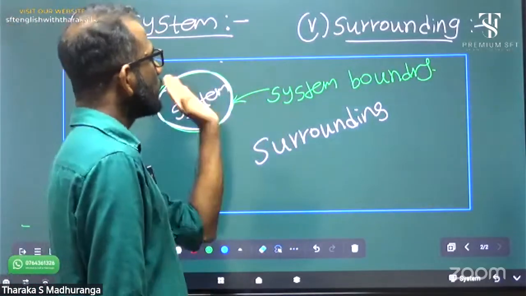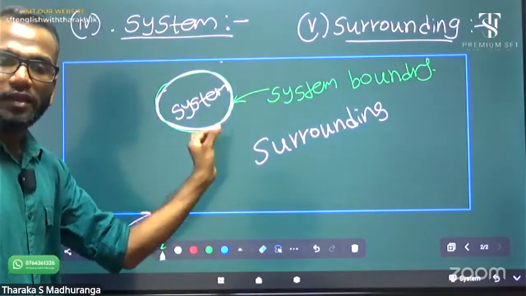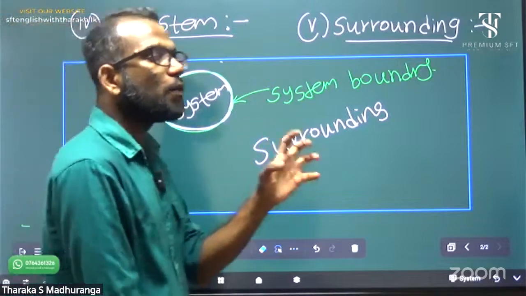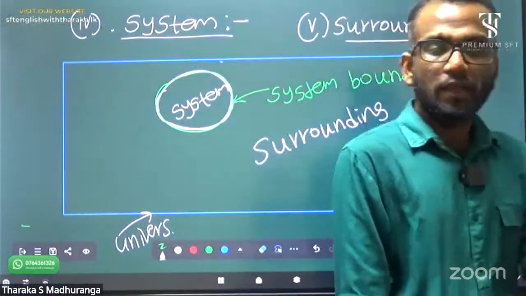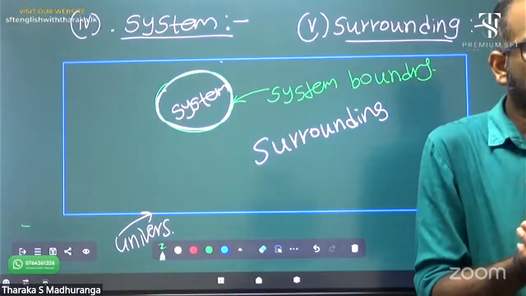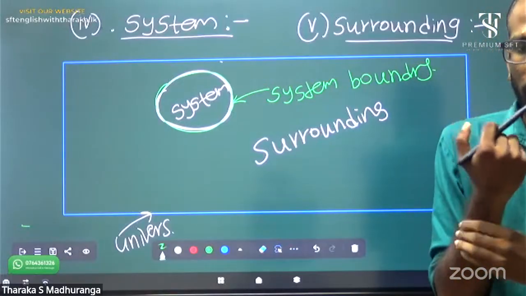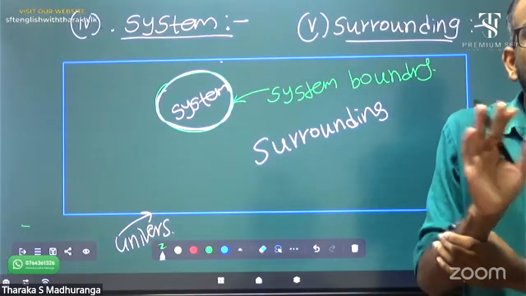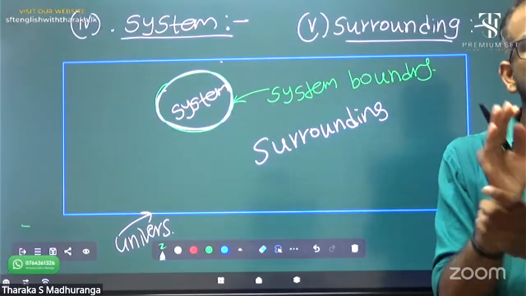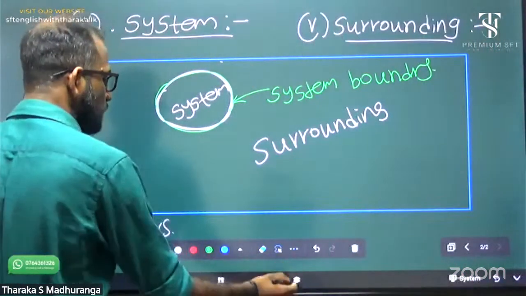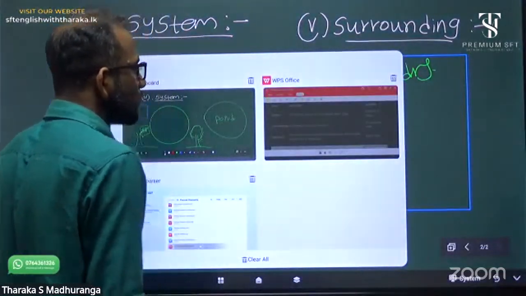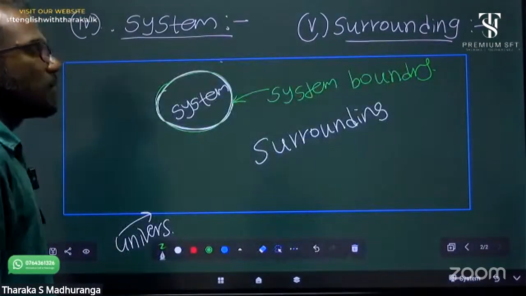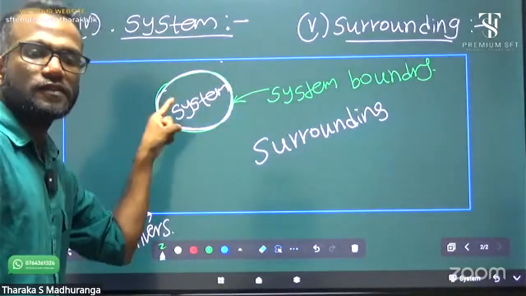This is very important when we discuss the relationship between system and surrounding.